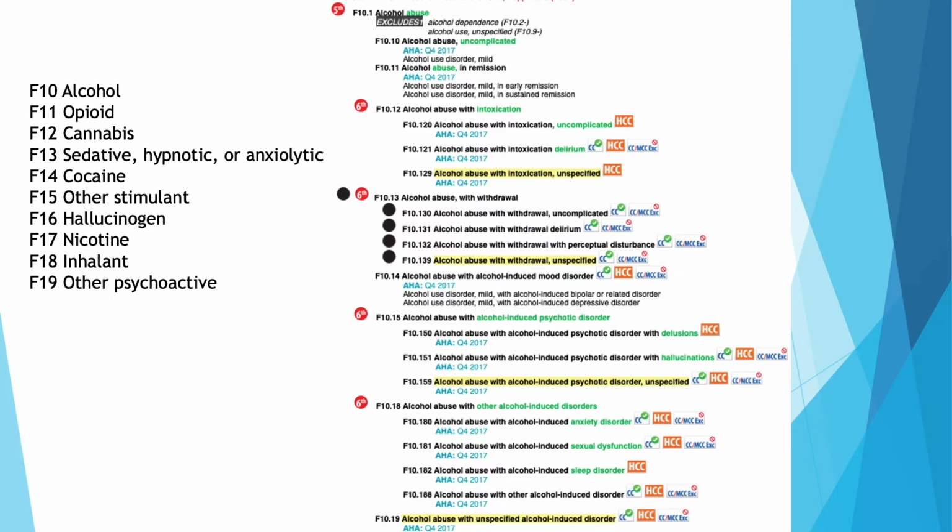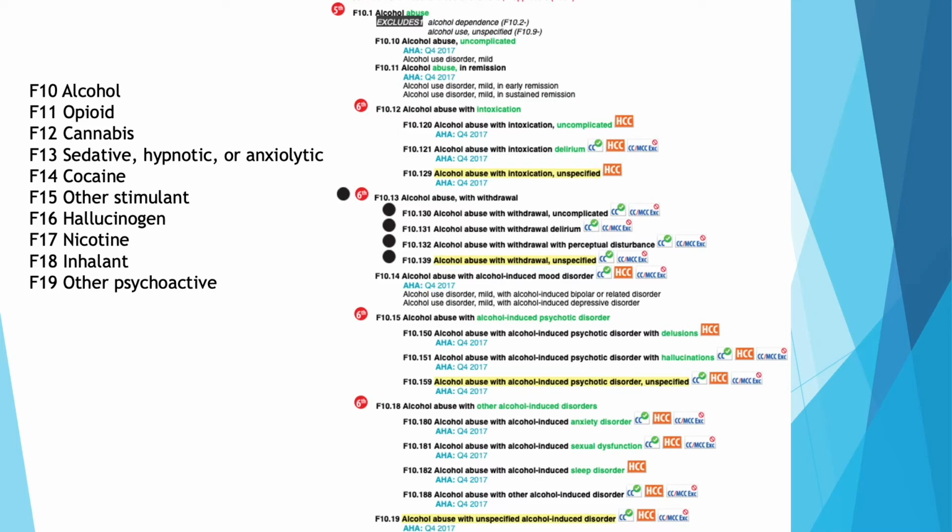Now, to start wrapping up this education on the new withdrawal codes, here on the left we have the different categories for F10 through F19. They're F10, alcohol; F11, opioid; F12, cannabis; F13, sedative, hypnotic, or anxiolytic; F14, cocaine; F15, other stimulant; F16, hallucinogen; F17, nicotine; F18, inhalant; and F19, other psychoactive.